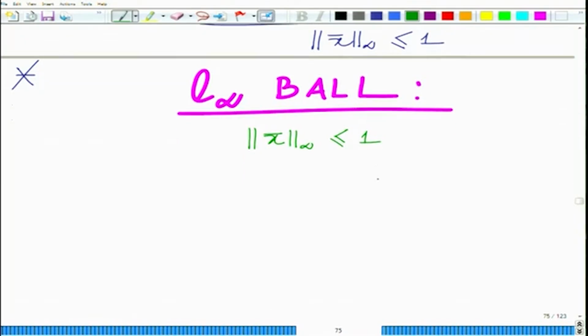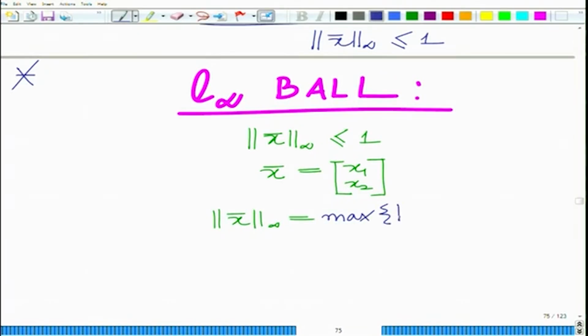Let us consider a simple scenario, a two dimensional vector x bar which has two components x1, x2. The L infinity norm will simply be the maximum of magnitude of x1, comma magnitude of x2.